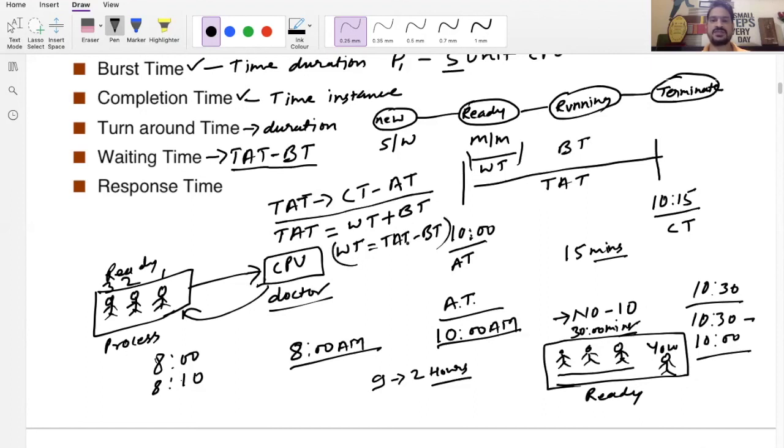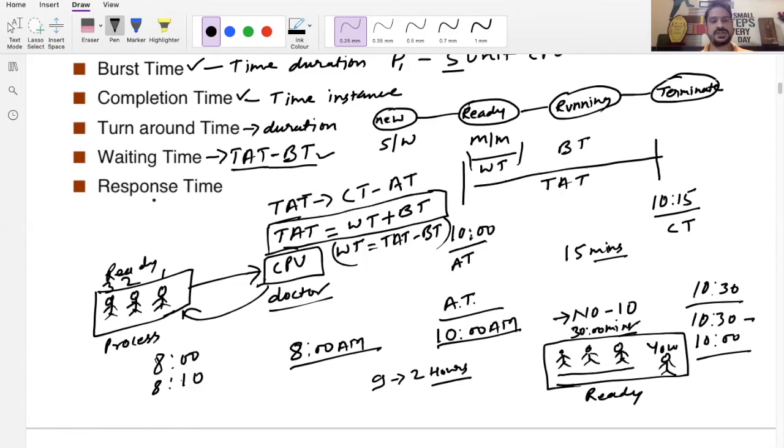Are you understanding this formula? So turnaround time can be calculated as completion time minus arrival time, and also as waiting time plus burst time. Whichever variables we know, we just use them to find the value of the other variable.